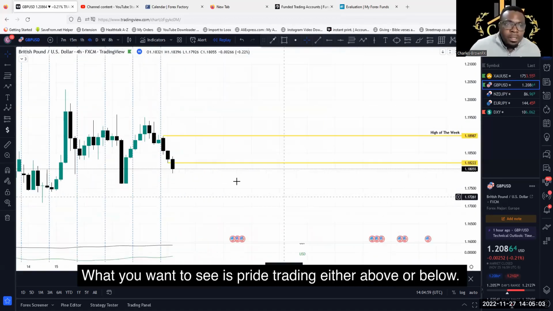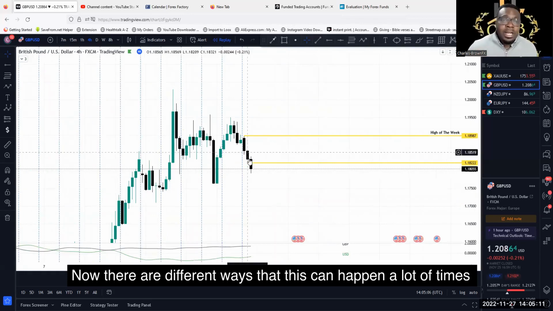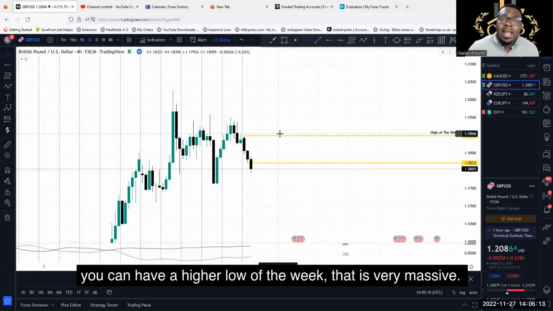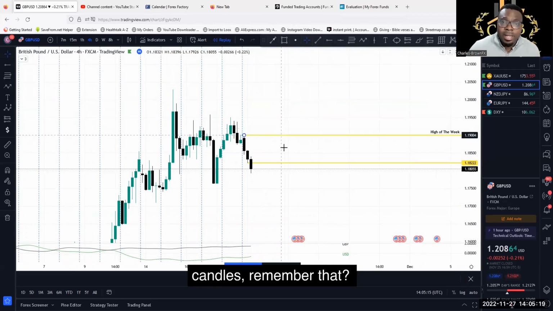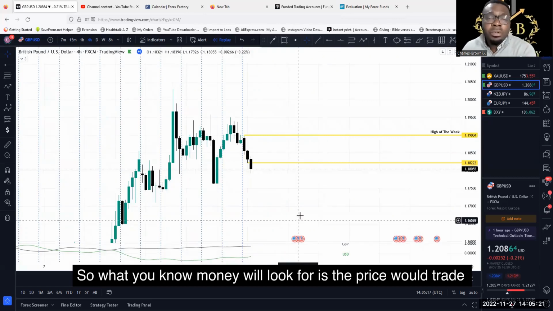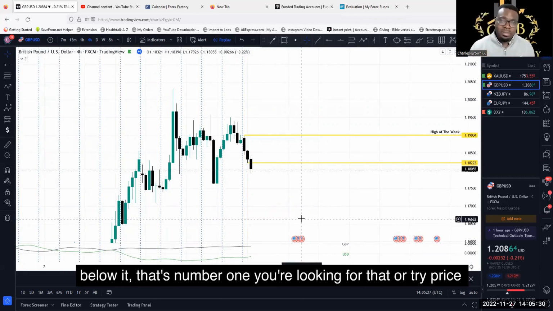Now, what you want to see is price trading either above or below. There are different ways this can happen. A lot of times you can have a high and low of the week that is very massive, depending on the candles. Remember that. So what you normally will look for is one of two things. Number 1, price trades above or below it.